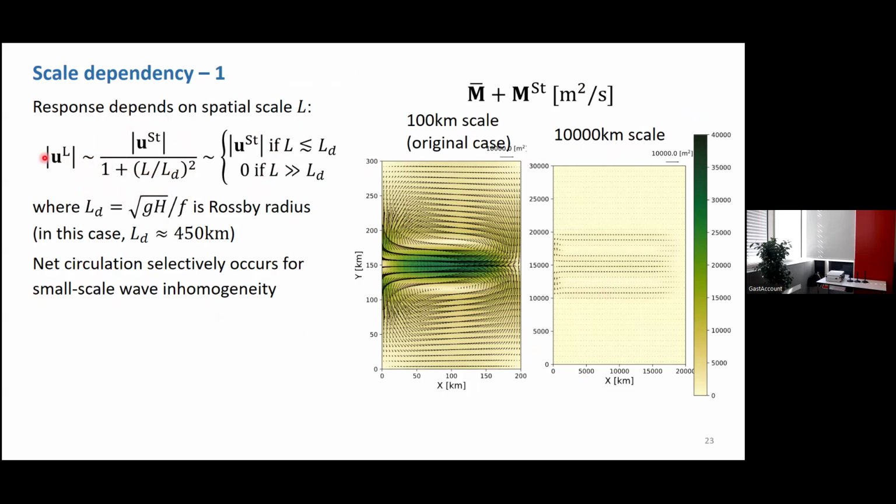The resulting Lagrangian response is scaled by the incoming Stokes drift velocity times a certain value related to the spatial scale of the forcing L. When the spatial scale of the forcing is much smaller than the deformation radius, the denominator is almost 1, so we get almost the same order as the Stokes drift velocity, which was the case in our earlier example.